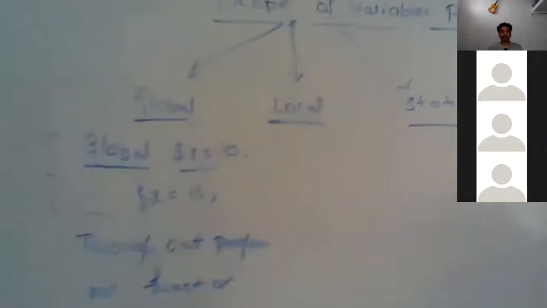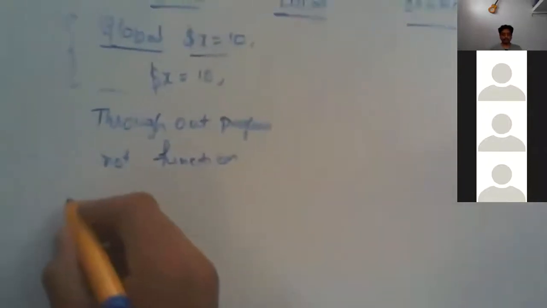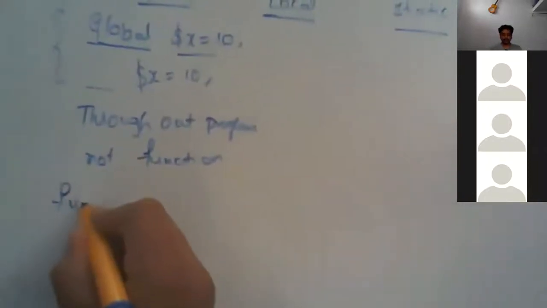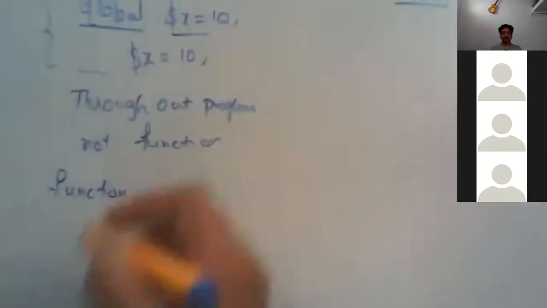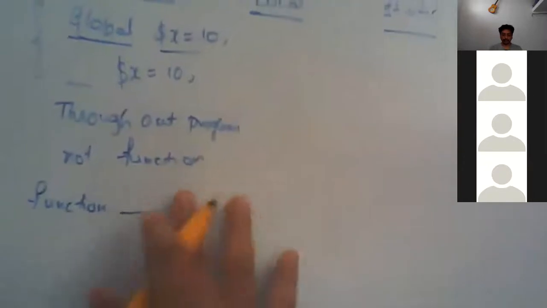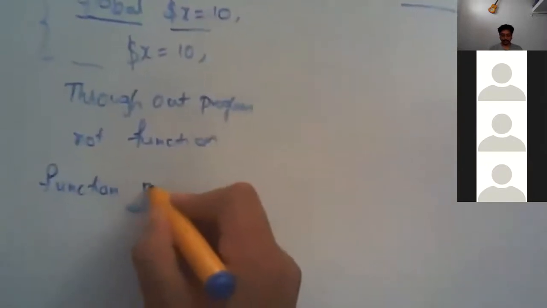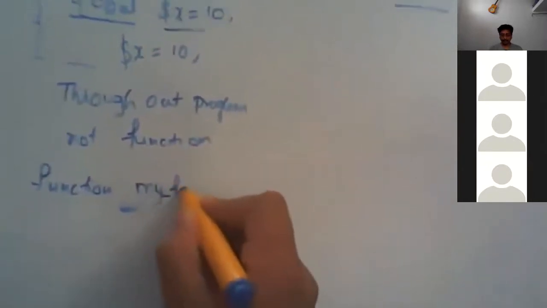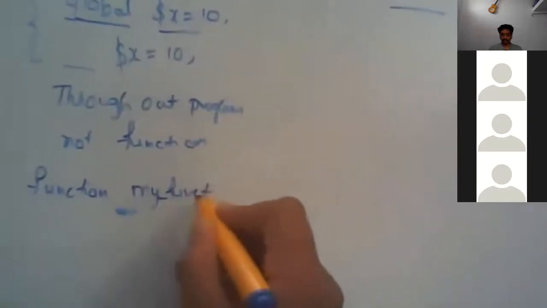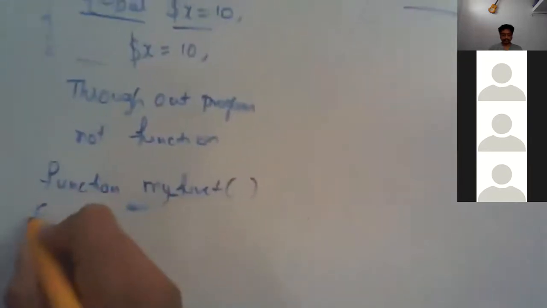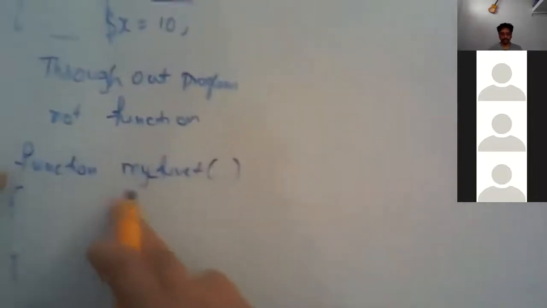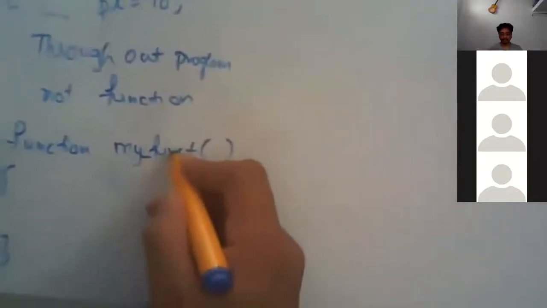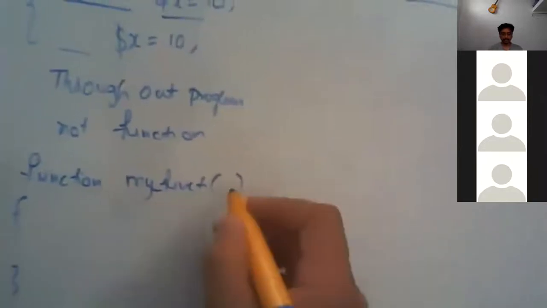If you want to use this variable inside the function, then inside the function you need to call the same variable again as global. For example, assume that I have a function. The function name is myFunction, without parameters.